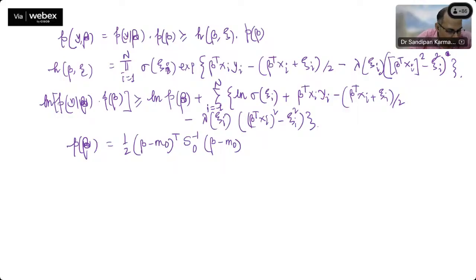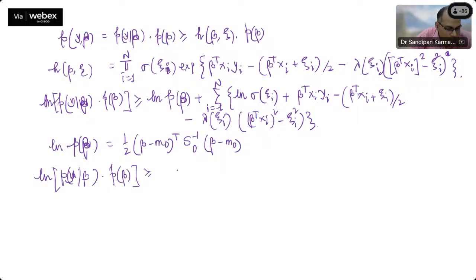So it's not p beta, it's ln p beta. So ln p y given beta multiplied by p of beta is greater than or equal to this plus this.